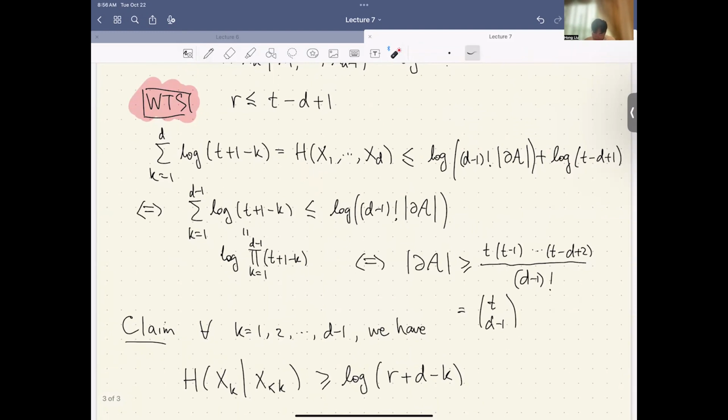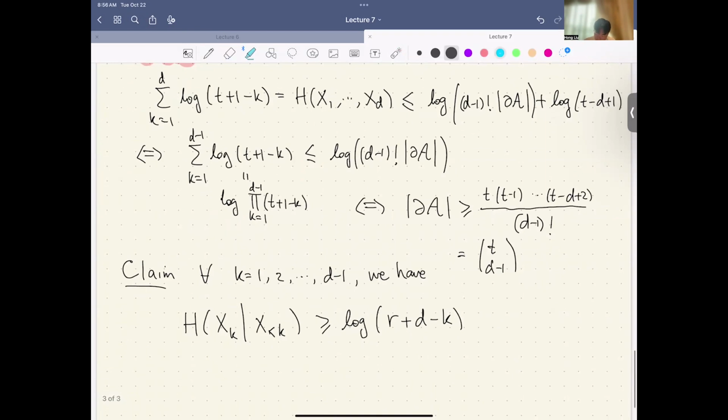For k equals d, first of all, this notation is just a shorthand to write H of xk given all the bits before xk, x1 to x(k minus 1).